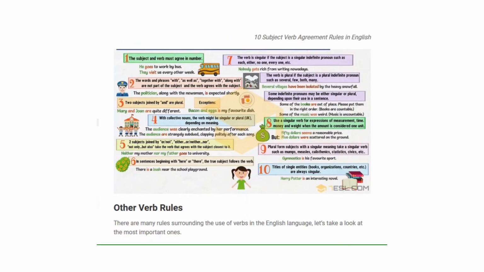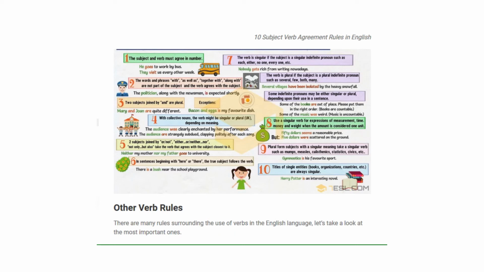So here we have this image or chart which is giving us some details about these rules. So we have number 1, number 2, number 3, number 4, number 5, number 6, number 7, 8, 9, and 10. And of course with examples.